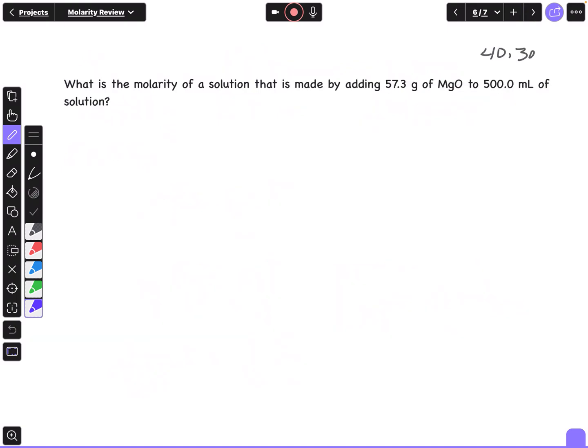Now my next problem, sometimes they're going to be a little bit harder than those simple ones. It's asking me what is the molarity of a solution that is made by adding 57.3 grams of MgO to 500 milliliters of solution. Now, it's asking me for the molarity, it's my unknown, and it's telling me I have 57.3 grams of MgO and 500 milliliters of solution.